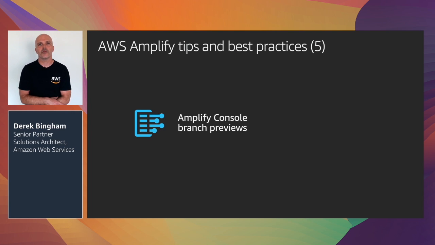Next is Amplify Console branch previews. So I showed you in the demo how to add a new branch to GitHub and then provision the backend environment to support that application, or the environment to support that branch. So not only can you do that, but you can also do things like PR previews.